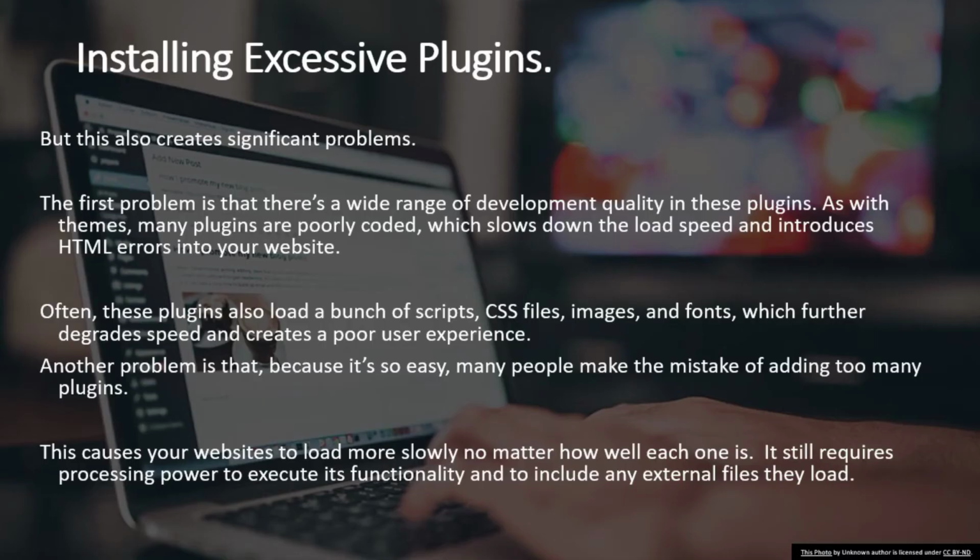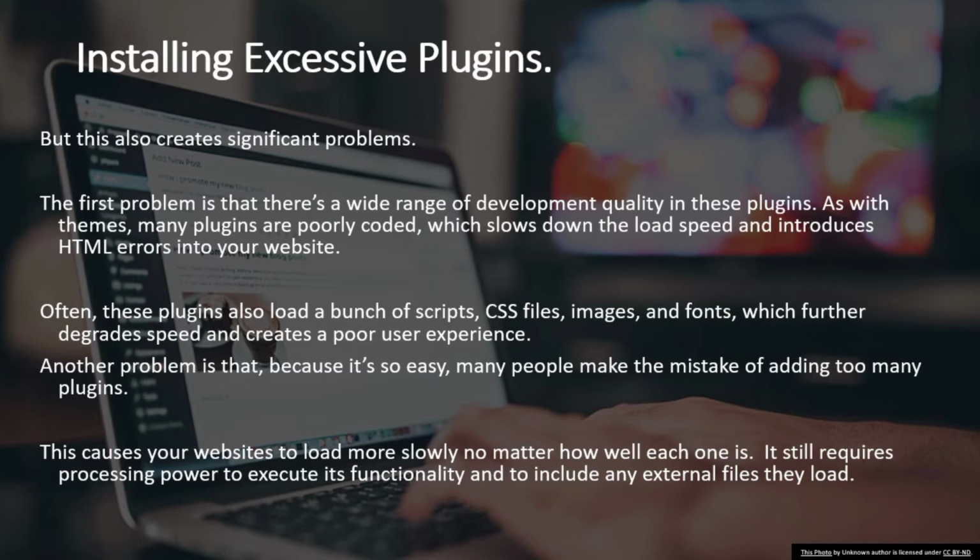The third mistake to avoid is installing excessive plugins. One of the things that makes WordPress so powerful is the simplicity of adding functionality by simply installing one or more plugins. But this also creates significant problems. The first problem is that there is a wide range of development quality in these plugins.